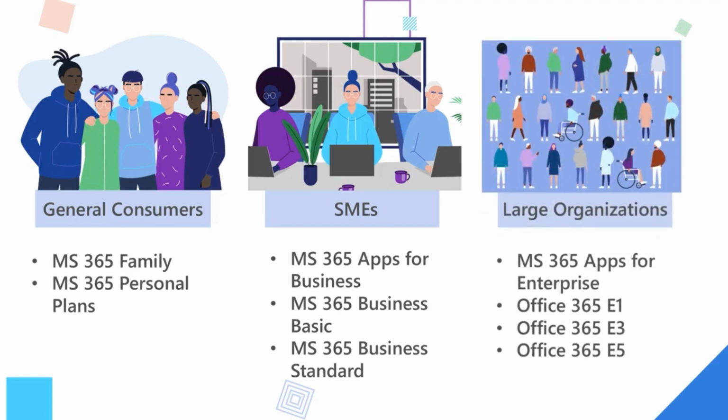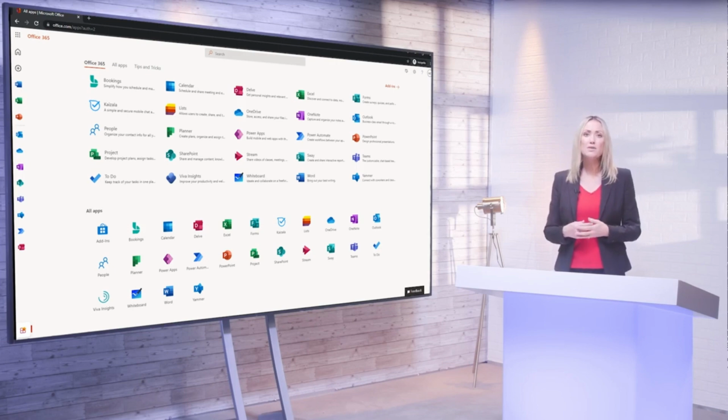Larger organizations can choose Microsoft 365 Apps for Enterprise and Office 365 E1, E3, and E5. Keep in mind that Microsoft 365 features are constantly evolving. While the features you'll see in this course are correct at the time of filming, they may have been updated or changed since.